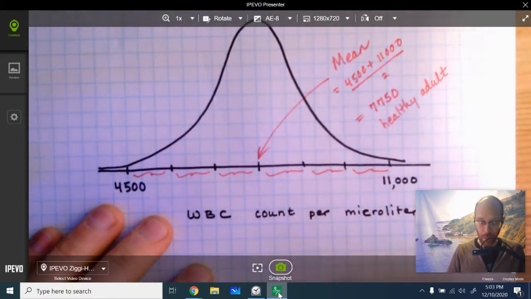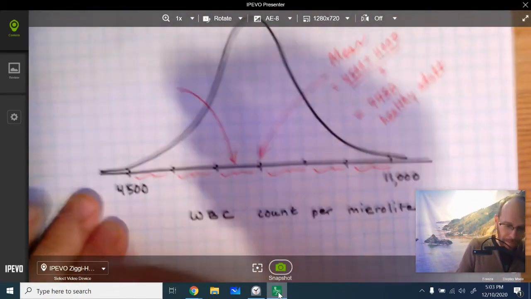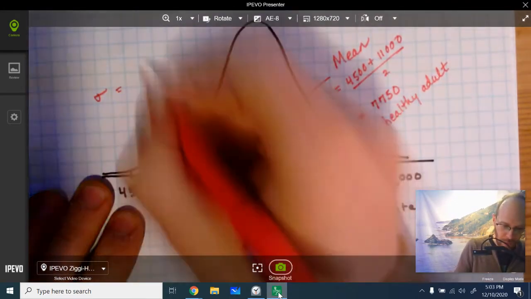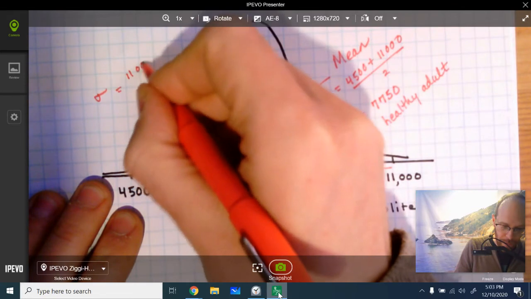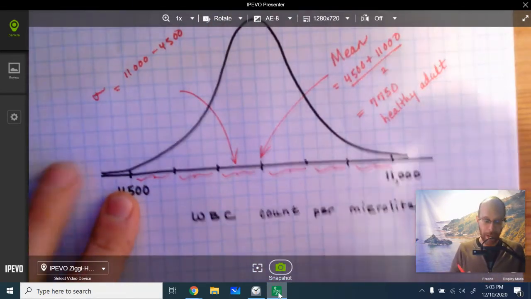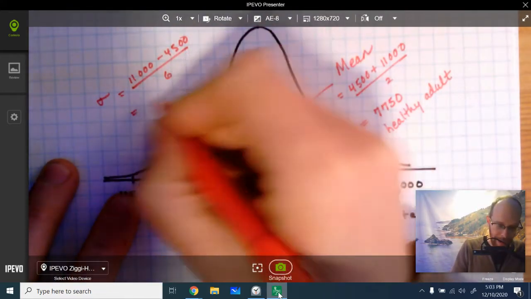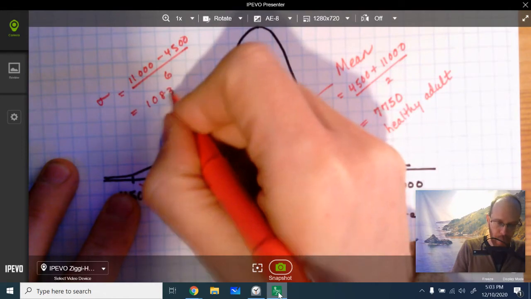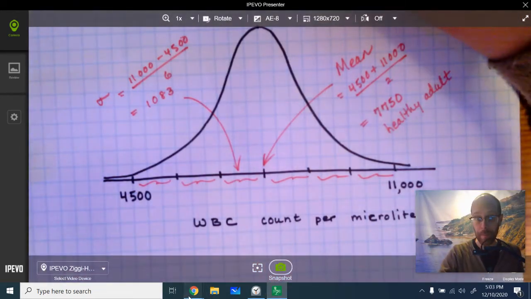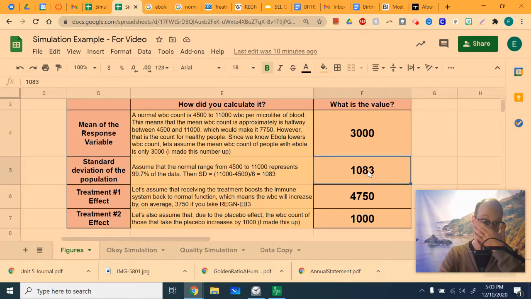So if I wanted to find the width of any interval, I would say that the standard deviation is the difference between 1100 and 4500, the two ends of my normal range, divided into 6 parts. When I did that, I got 1083. I rounded it off; a whole number is just easier to work with here. So that's where I got the standard deviation.